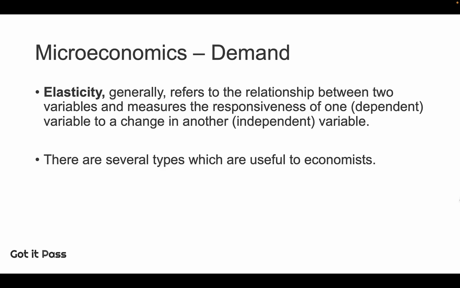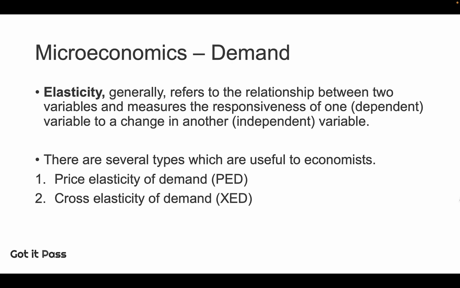There are several types which are useful to economists, but now we only discuss two of them. First, the price elasticity of demand, what we call the PED. And the second one is cross elasticity of demand, what we call XED.